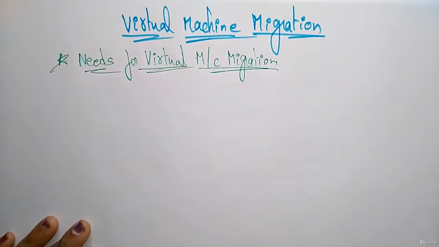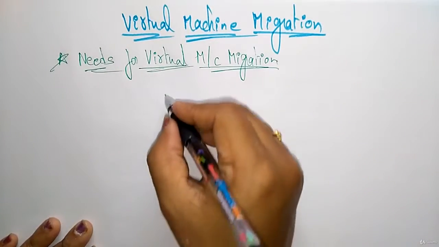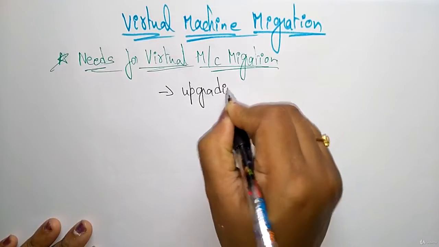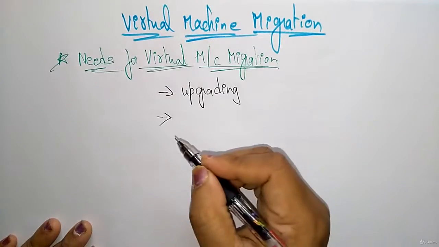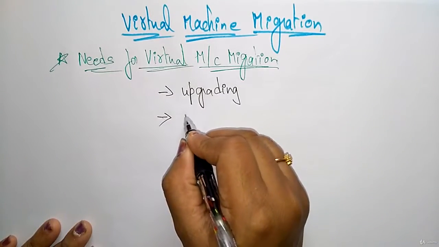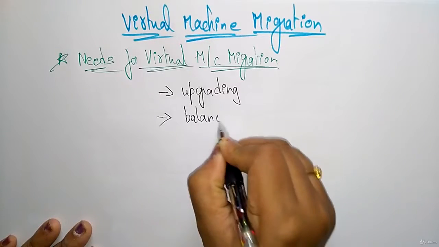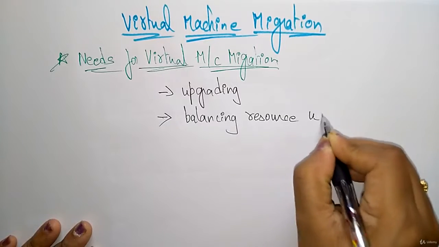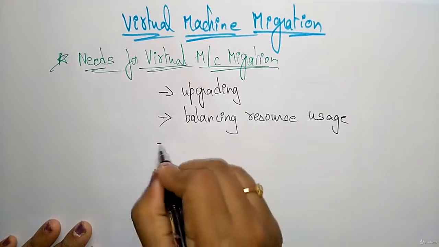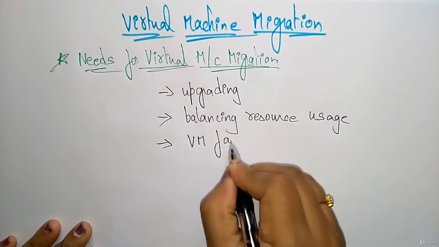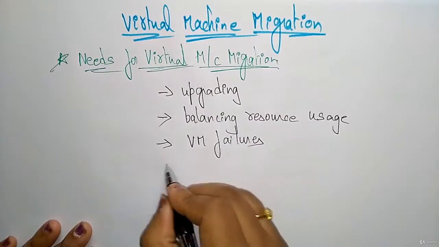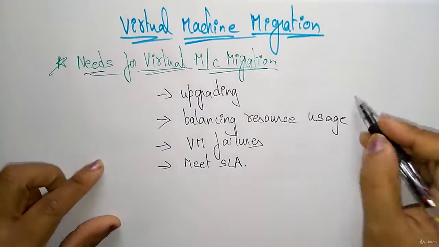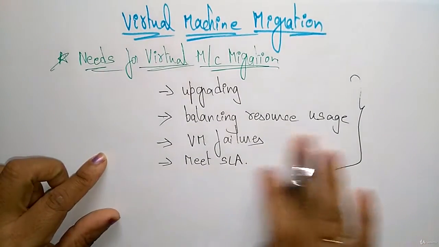The different needs for using virtual machine migration are upgrading, next balancing resource usage, next virtual machine failures, and meet SLA. So these are the different reasons for virtual machine migration.